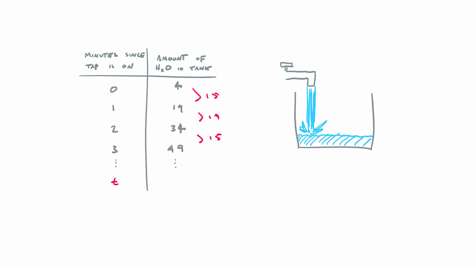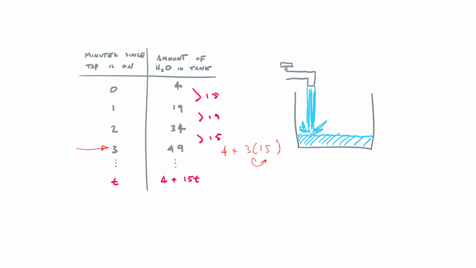And this pattern is going to repeat, where we're just adding 15 to each previous value in the right-hand column. And so we can calculate how much there would be after t minutes. In fact, you take the initial value, which is 4, and you add 15 multiplied by how many minutes have gone by, right? Like take this row, for example. That's 4 plus 3 times 15, or I guess I should have written it as 15 times 3, whatever.